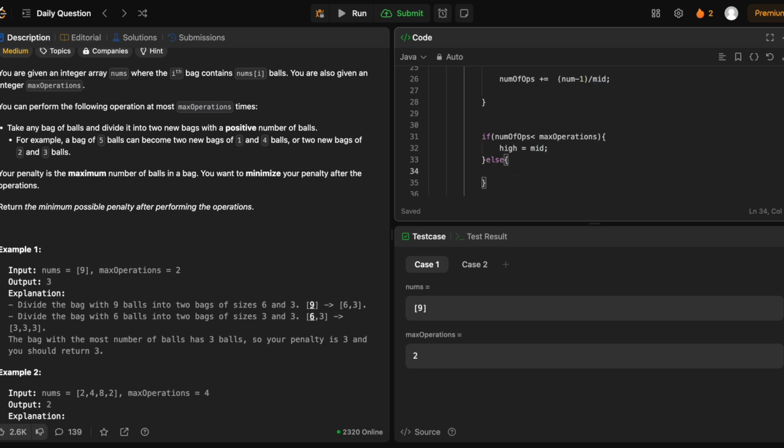If not, we can say our low is equal to mid plus 1.